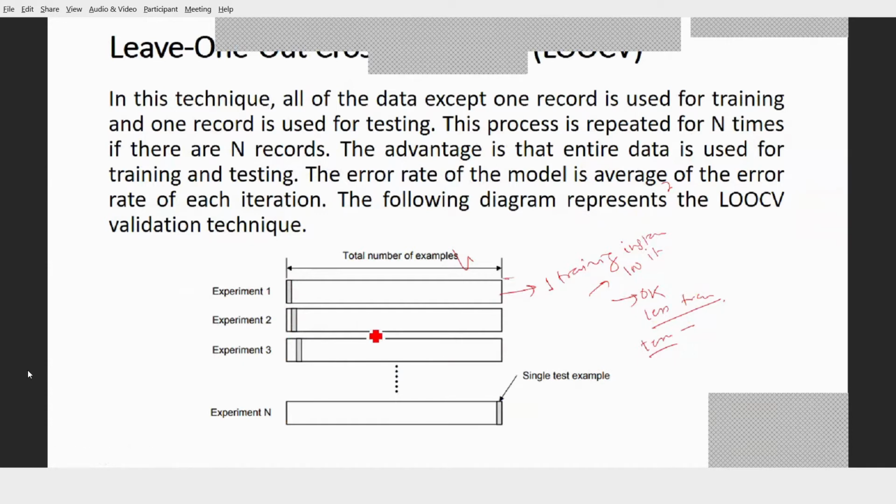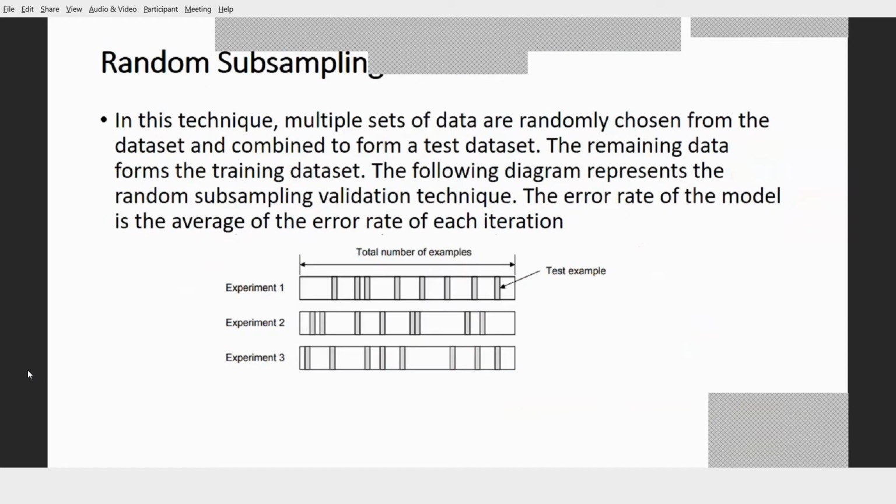So this can be a good approach when you have less training data, and you can leave one instance out and use the others for training, repeating this n number of times and taking the average of all the errors, and finally that becomes your average error, right?